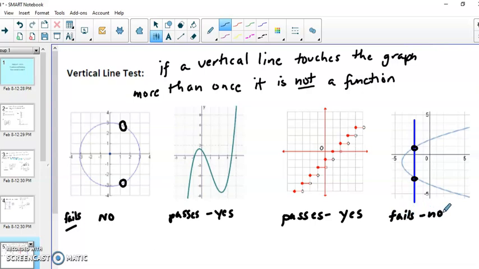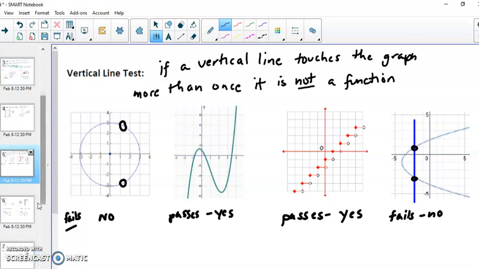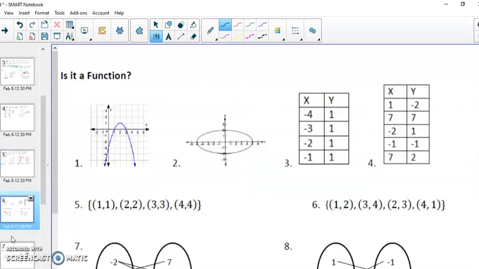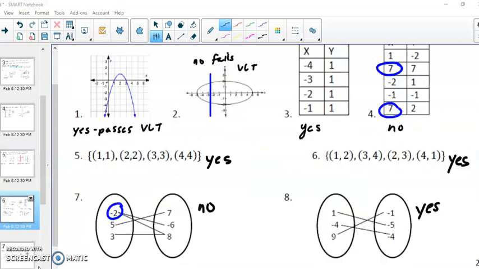This fails, and it's a no. So what I would like you to do is take a few minutes and try the next 8 on your own, and you can pause the video while you're working on this. Go ahead and check your answers for 1 through 8. And if you have any questions, you can see your teacher during class time.